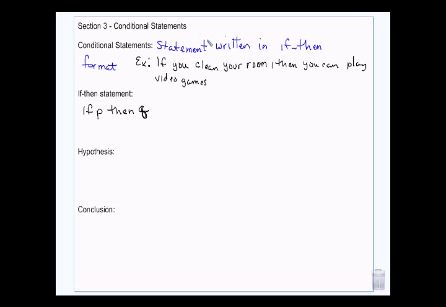So to symbolize it, we do P arrow Q. And this is read P implies Q. And the implication is that if P happens, then Q will happen. Okay, so that's why P implies Q. So you can read it as if P then Q or P implies Q.